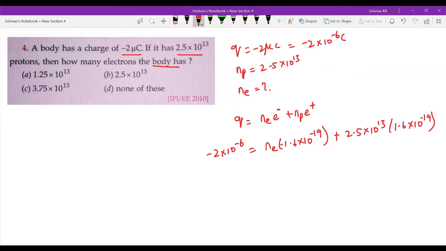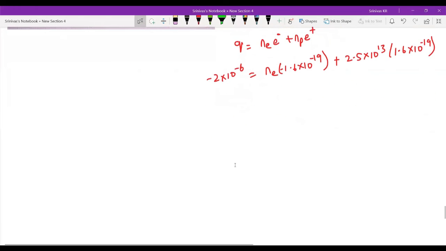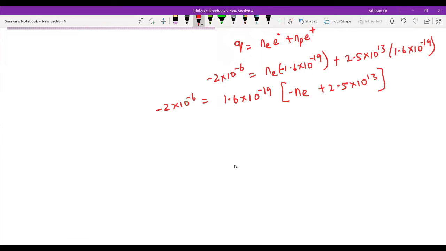Okay, so this becomes, let us take what is common in this. So taking common, what do we get, minus 2 into 10 to the power of minus 6 is equal to 1.6 into 10 to the power of minus 19 common. Then since there is a negative sign here, minus ne comes, plus 2.5 into 10 to the power of 13 remains, right. So I send this to the other side, minus 2 into 10 to the power of minus 6 divided by 1.6 into 10 to the power of minus 19 is equal to minus ne plus 2.5 into 10 to the power of 13.